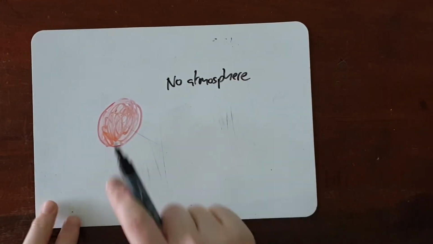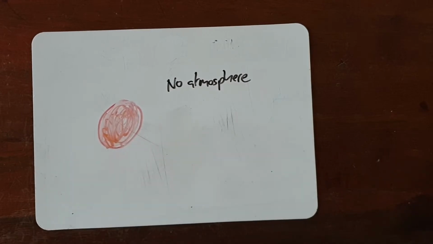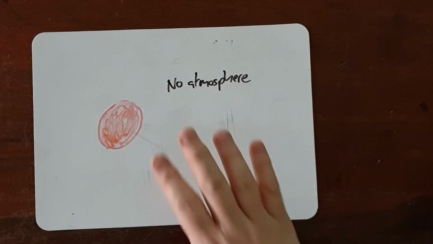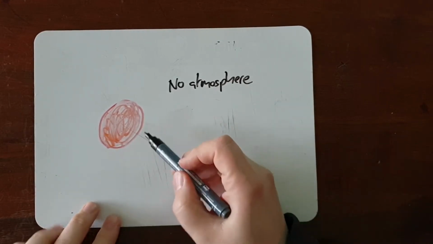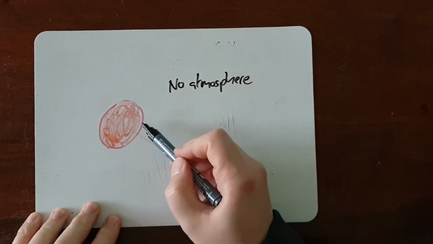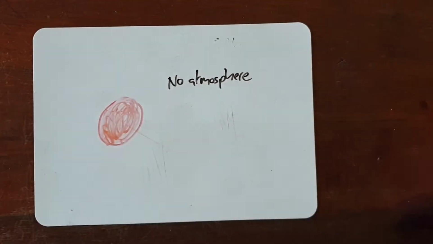So in the early days when the Earth was young, there was no atmosphere, just a super hot, bubbly ball of lava. The reason there's no atmosphere is because it's so hot that any gas has so much heat energy, so much kinetic energy, it can just escape into space. The atmosphere is actually boiling off into space.